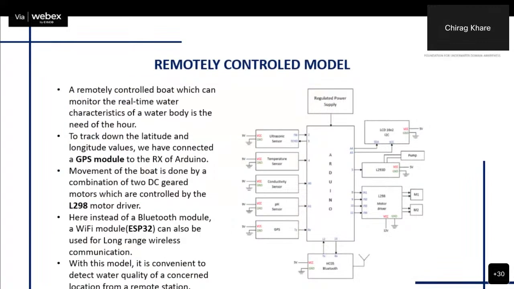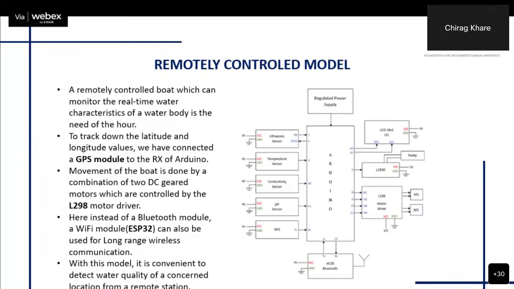Now talking about the real world model that can be implemented on water bodies. Here it is shown the architecture of the whole model. This remotely controlled boat can monitor the real-time water characteristics of a water body, and it is a need of the hour. To track the latitudes and longitudinal values, we have connected a GPS module to the RX of Arduino.